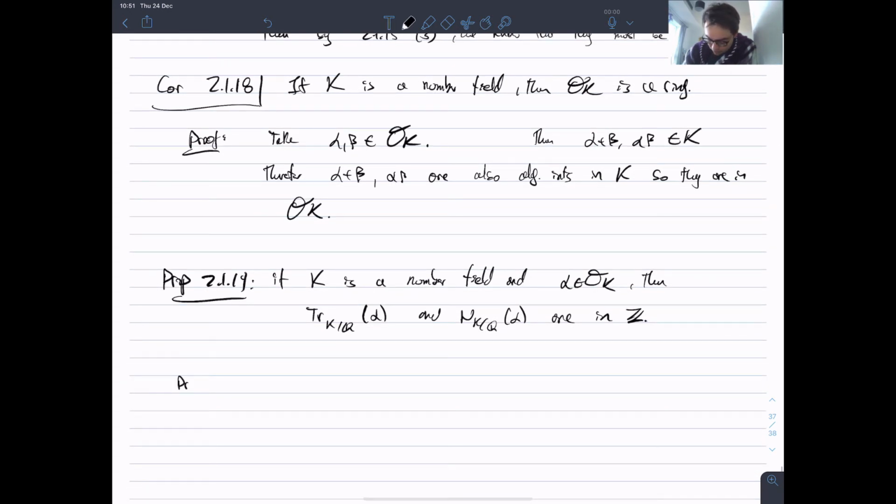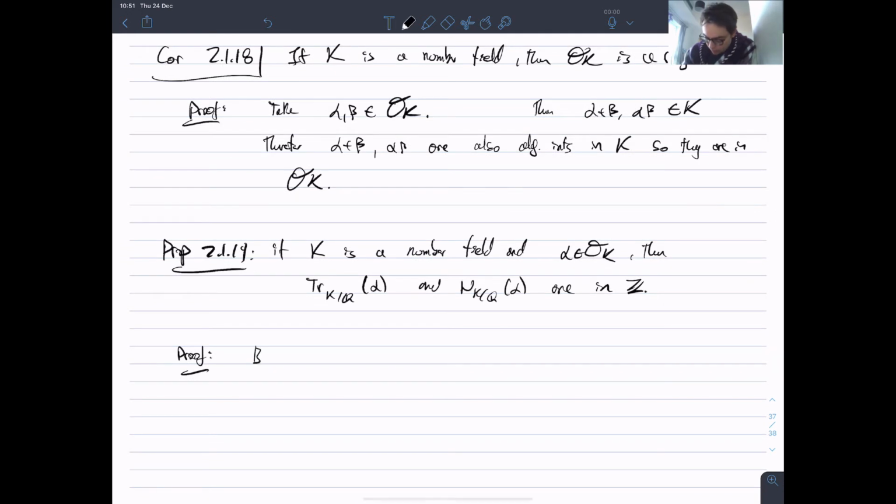This isn't hard to prove. We could have done this before. By Corollary 2.1.9, we know the field polynomial has integer coefficients, and therefore by Proposition 1.7.3 we get the result.